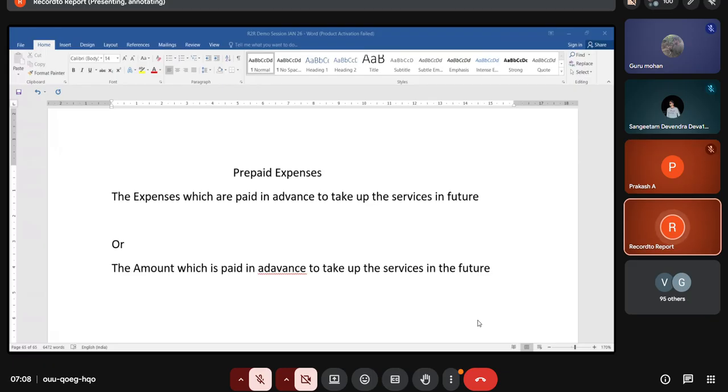The money which has been paid in advance to take up the services in the future is called prepaid.